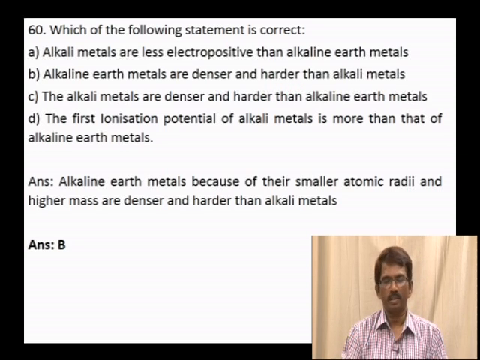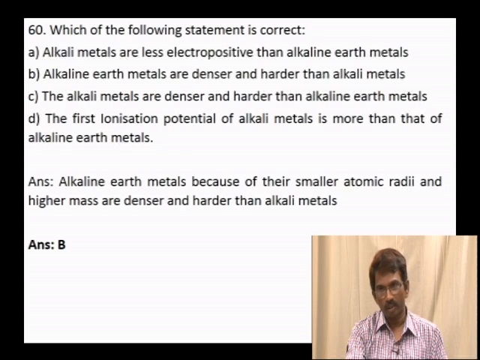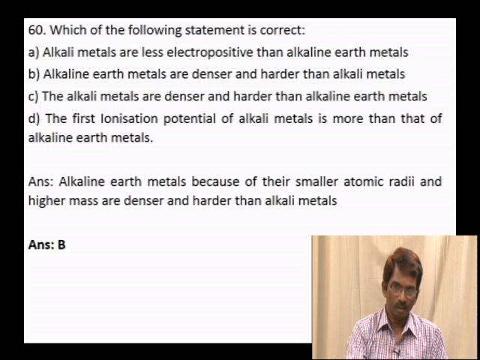Definitely this is a valid statement, because alkaline earth metals will have small size when compared to alkali metals. When you move from left to right along a period, because of the addition of electrons to the same shell and increase in the nuclear charge, the size naturally decreases, and therefore alkaline earth metals in each group will have smaller size compared to alkali metals.